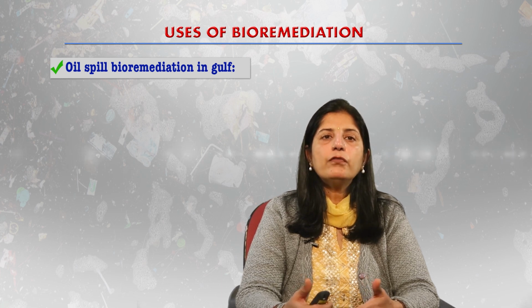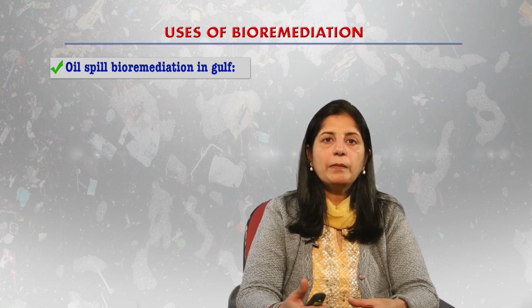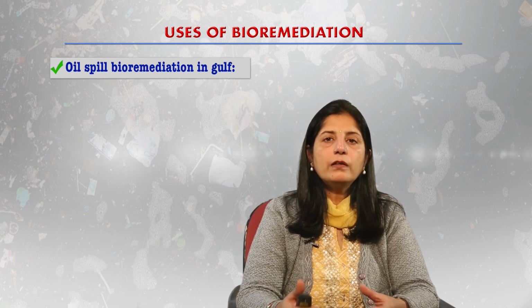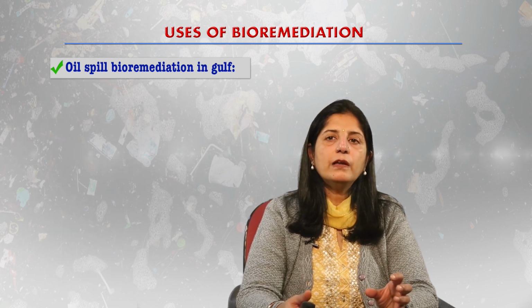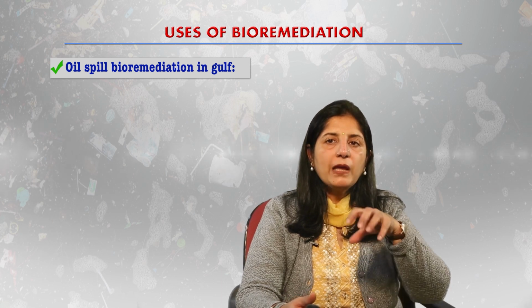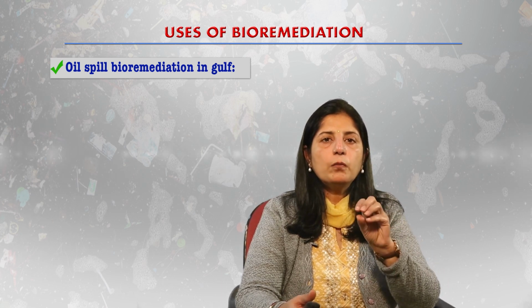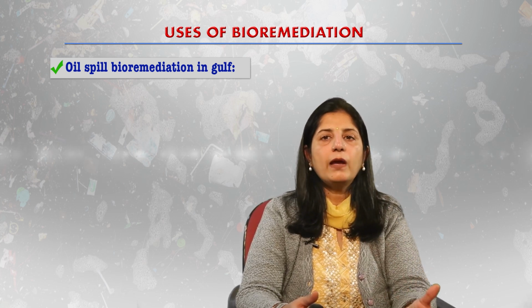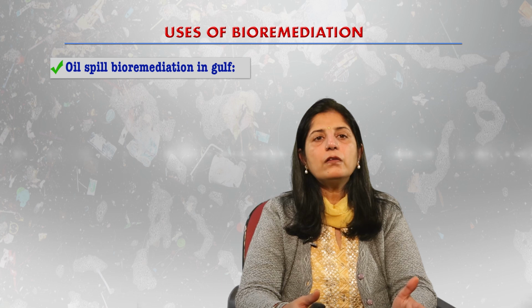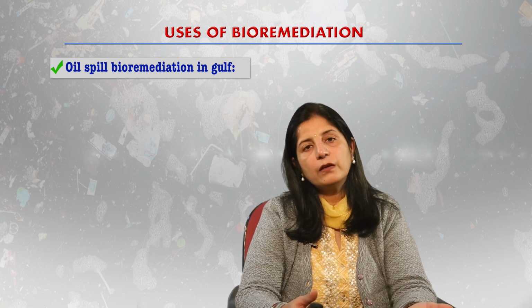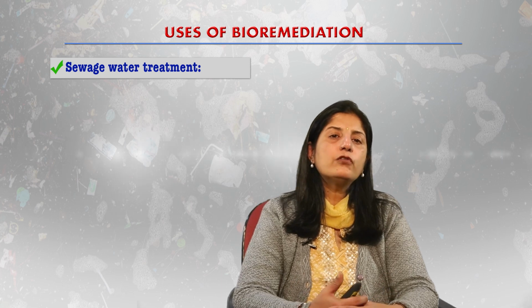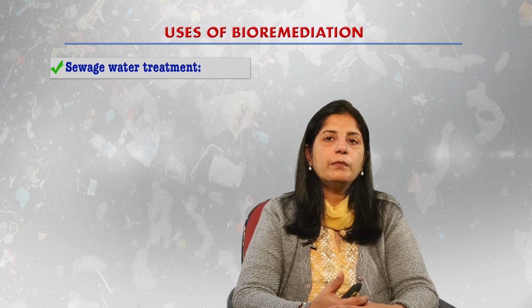However, in case of massive oil spills, biostimulation is done by adding dispersants. What are these dispersants? They break or disperse the oil into small droplets. As a result, they are easier for bacteria to handle, and these dispersants also act as a source of energy for these microbes.